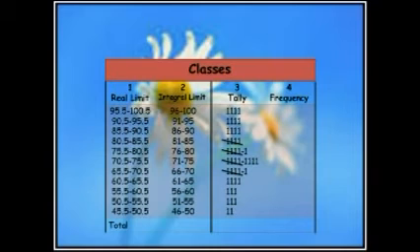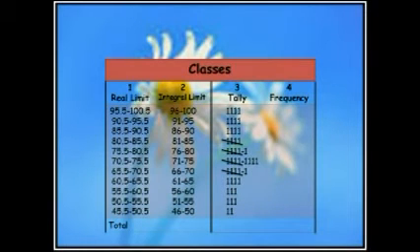In short, 81 to 85 have 5 students, 76 to 80 have 6 students, 71 to 75 have 9 students, 66 to 70 have 6 students, 61 to 65 have 4 students, 56 to 60 have 3 students, 51 to 55 have 3 students, and lastly, 46 to 50 have 2 students.